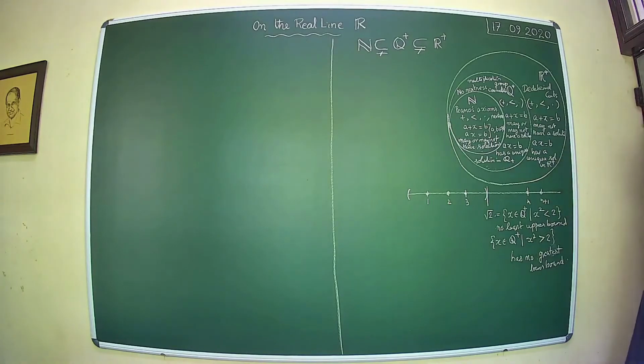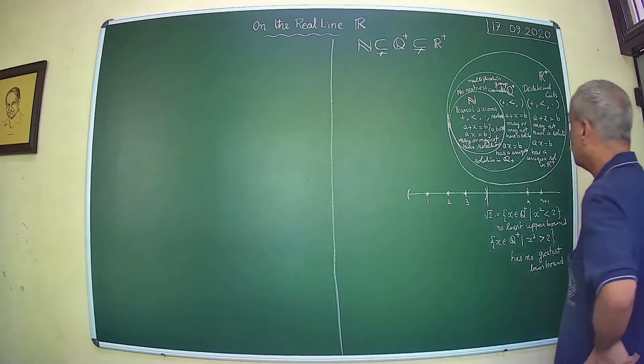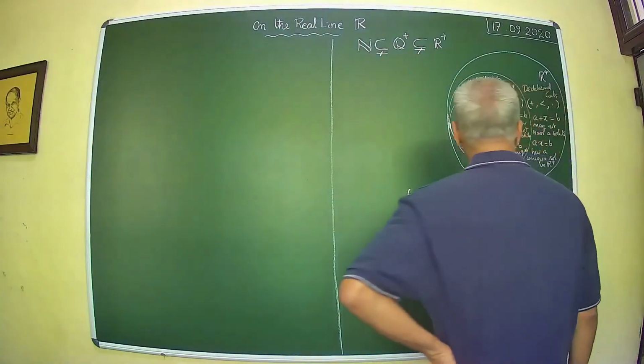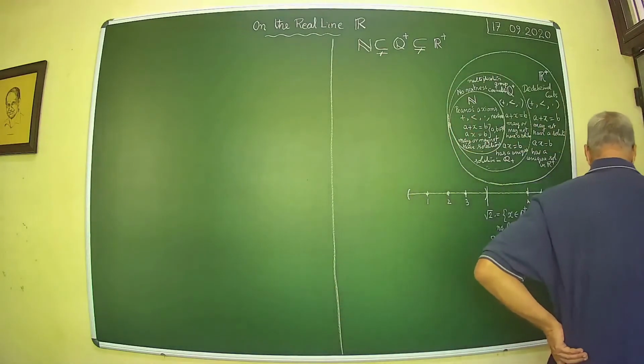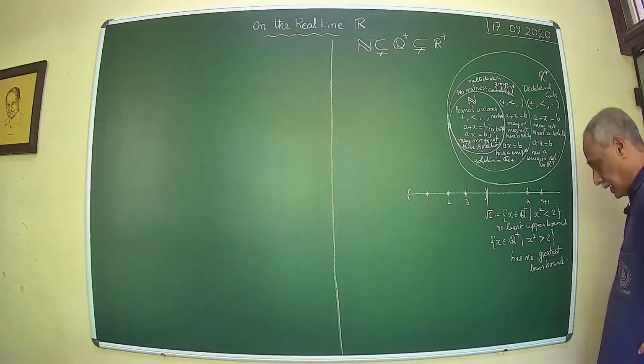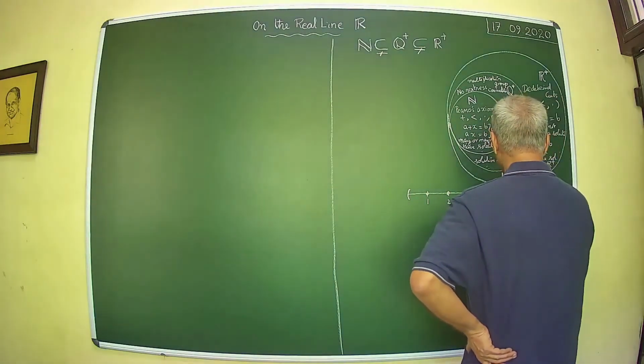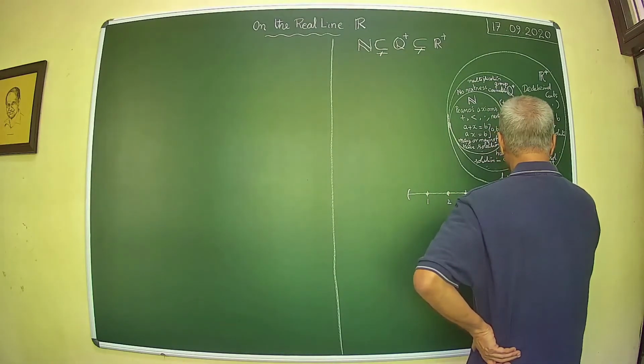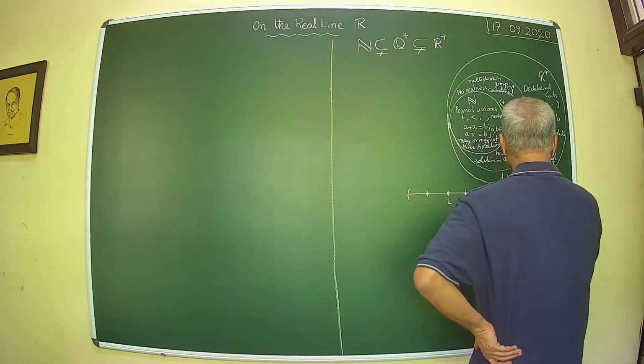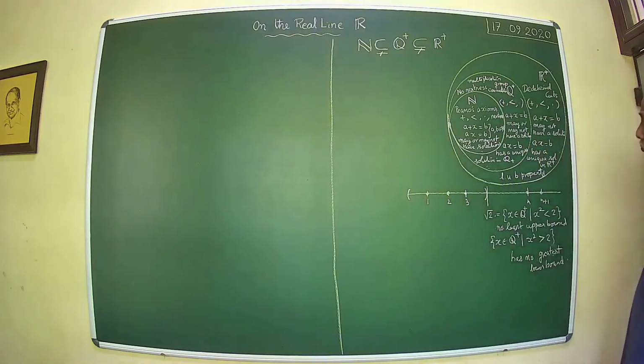So you see that R plus is a multiplicative group. There's no problem about it. And it has the least upper bound property. All these things are true for this.